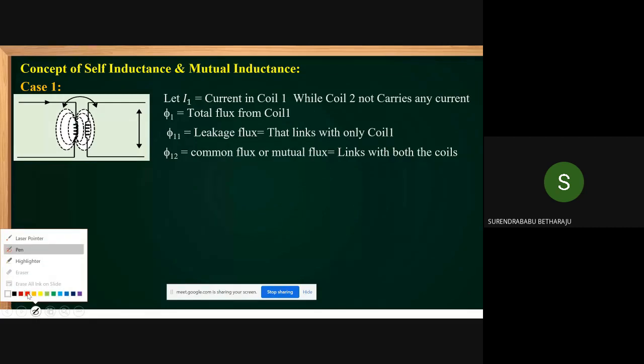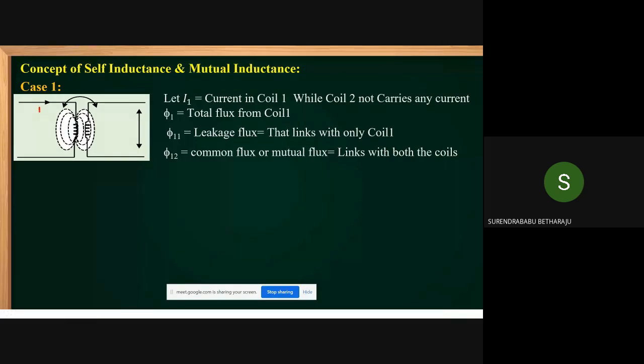We are assuming that there is a current in coil 1, but the current through coil 2 is 0, I2 equals 0. Then whenever the current is passing through coil 1, it produces flux. Let the total flux produced by coil 1 be phi 1. Where phi 1 includes the leakage flux. Yes, friends, you know this one.